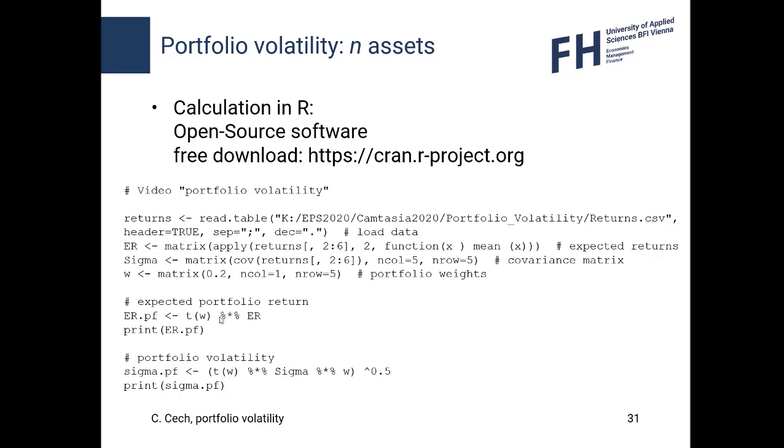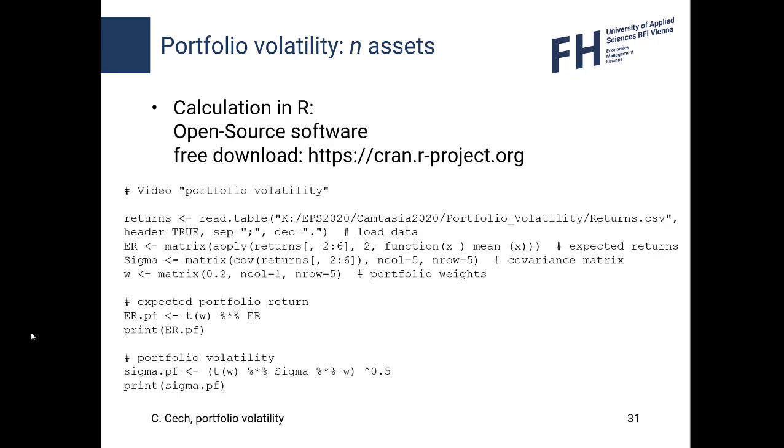I calculated the covariance matrix like this, and then I said the weight vector is a matrix with one column which defines it as a vector and 5 rows, and enters 0.2. The respective values are always 0.2.